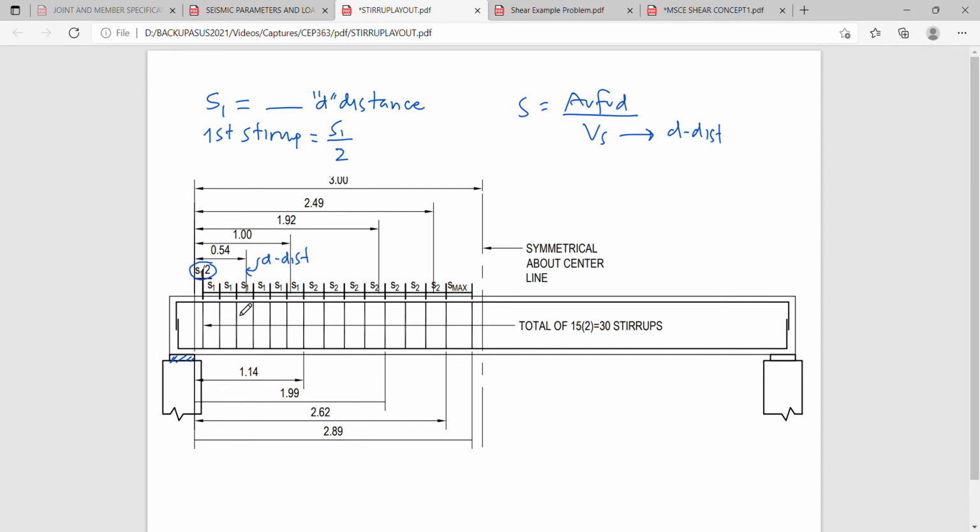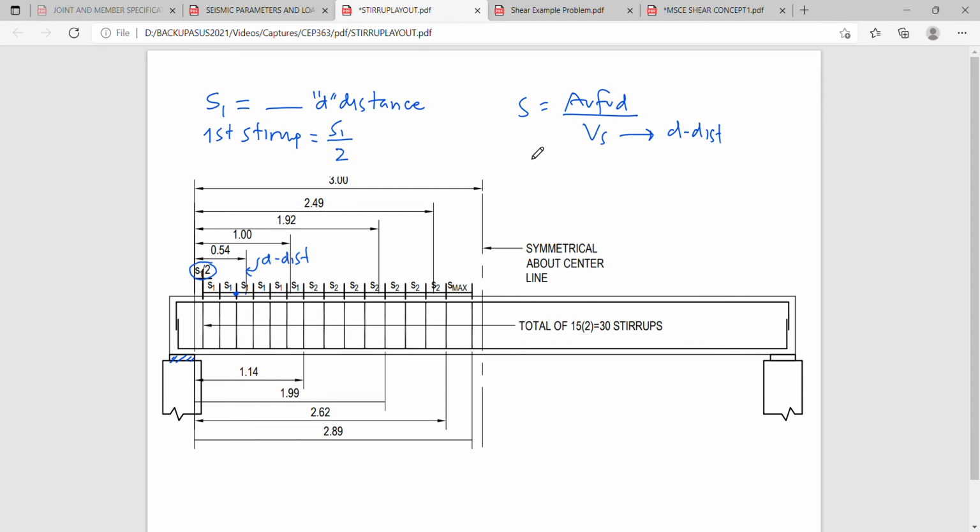Let's say, at this point, say S1 up to a D distance here, you stop here, S1. And the remaining here will be continued on the next range of spacing.